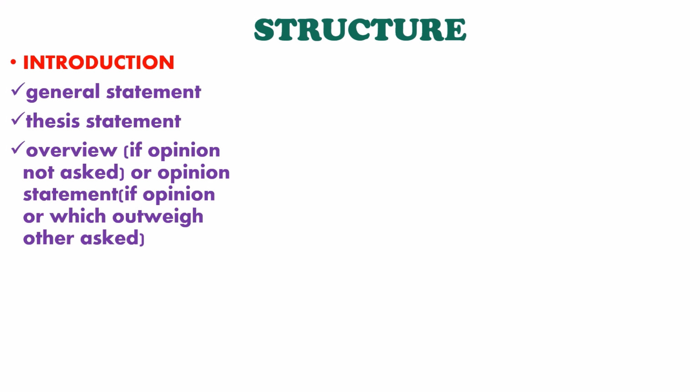So your introduction paragraph should have these three statements. If you're not sure how to write a general statement or thesis statement, do watch our essay introduction video where I have clearly mentioned how you should write your general statement, thesis statement and opinion statement with some phrases. Okay, after you have written a good introduction, you will move to your body paragraph 1.